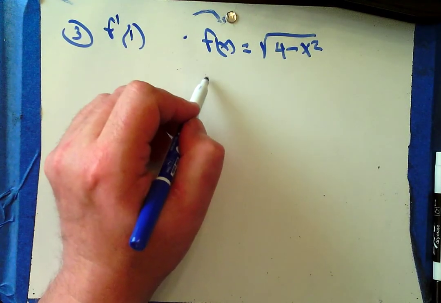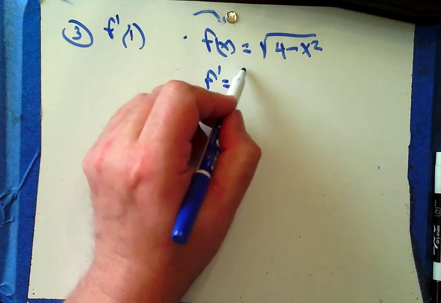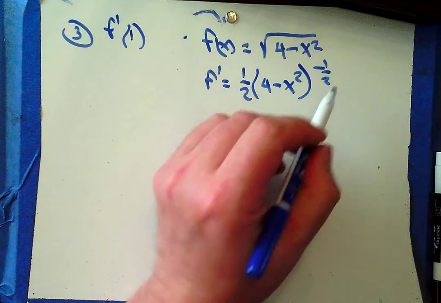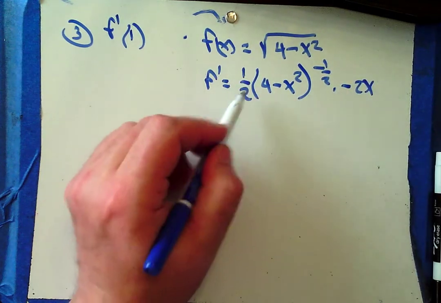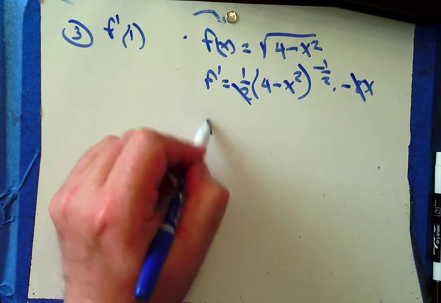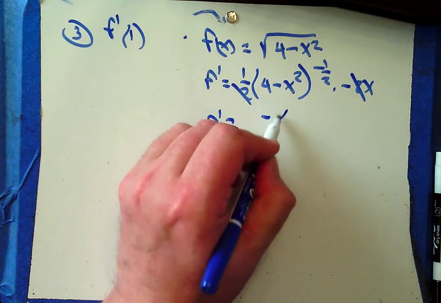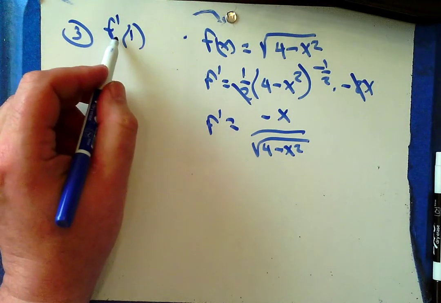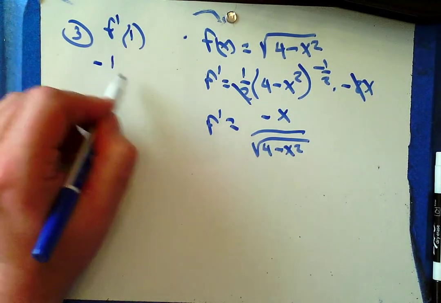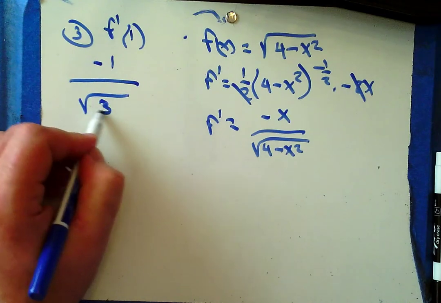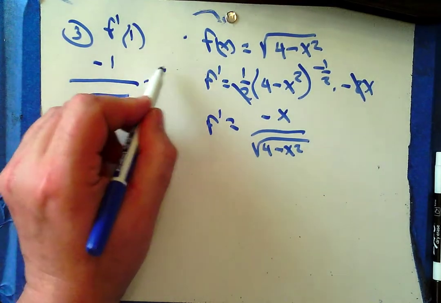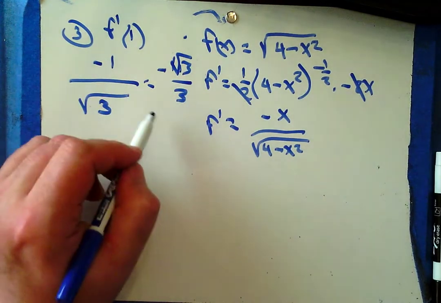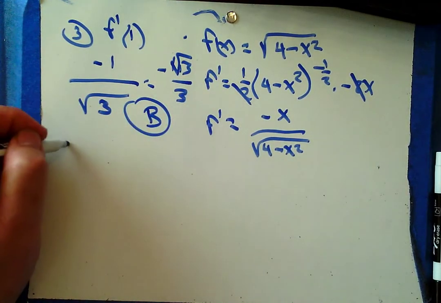Okay, and so f prime is going to be 1/2 times 4 minus x squared to the minus 1/2 times negative 2x. These 2's cancel, and so I get f prime equals negative x over square root 4 minus x squared. I want f prime of 1, so that's going to be negative 1 over square root of 3, or negative root 3 over 3.